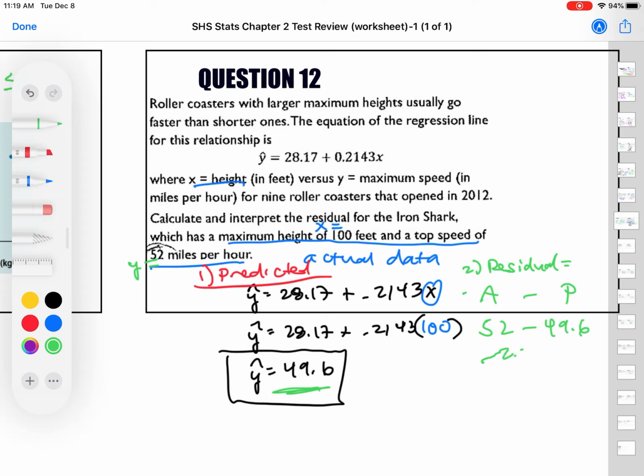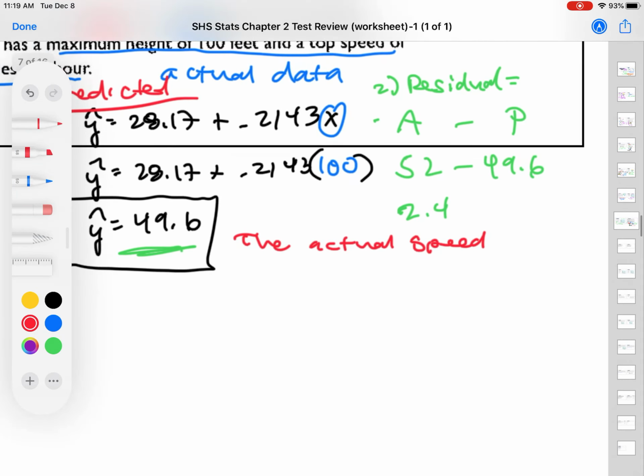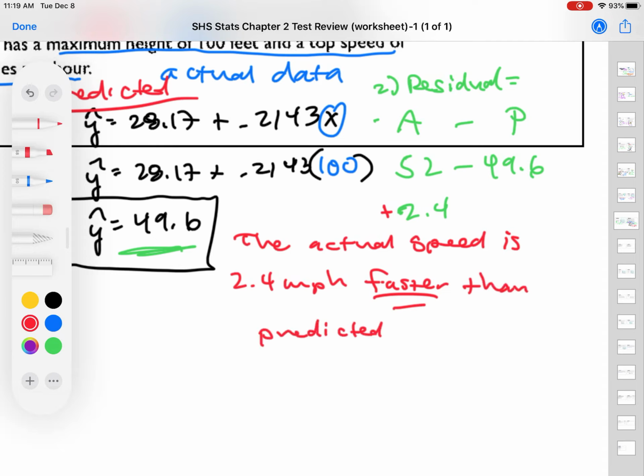Whoa, that was ugly. 2.4. And this is my interpretation. What is 2.4? It's positive, so the actual speed is 2.4 units, miles per hour, faster, because this is positive, than the predicted speed.